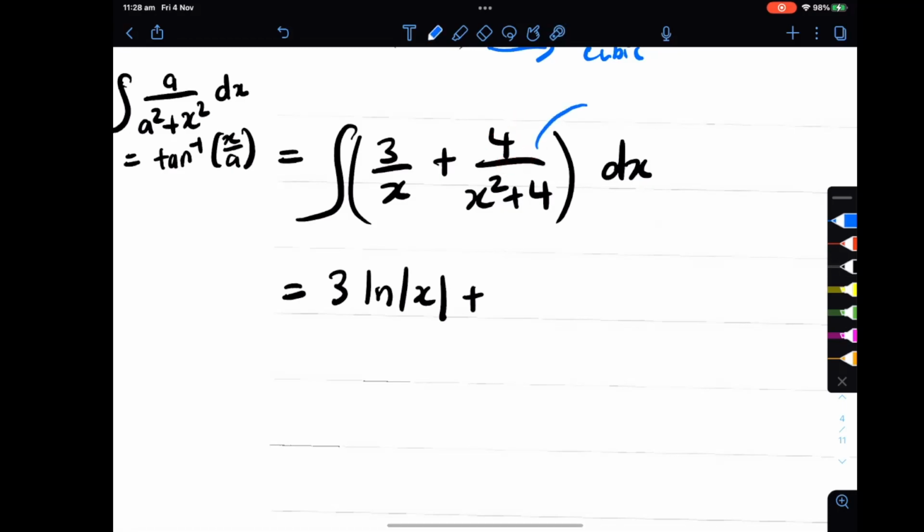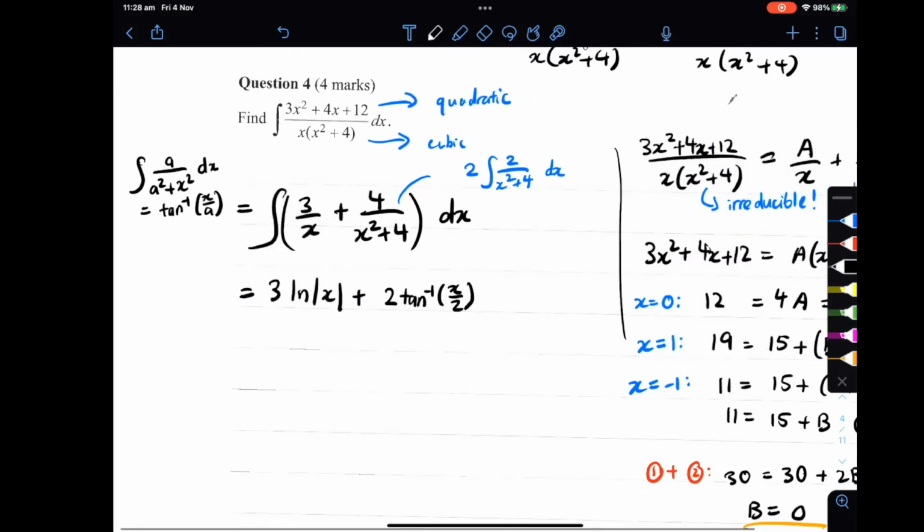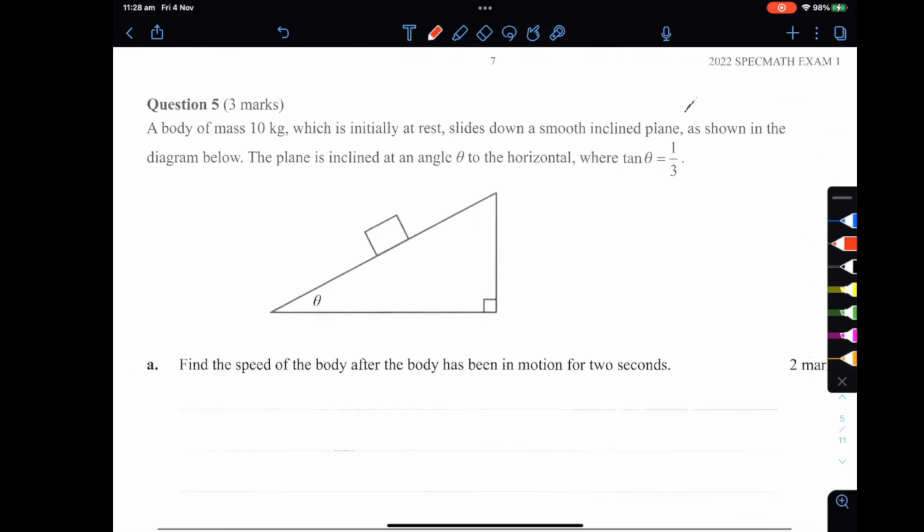So this here is the same as 2 times 2 on x squared plus 4 dx. That's what that bit is. So if we do that, it becomes 2 times tan inverse of x over 2 plus c. Okay, that seems fine. Yep. Okay, let's move on.